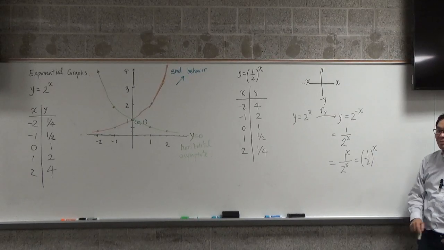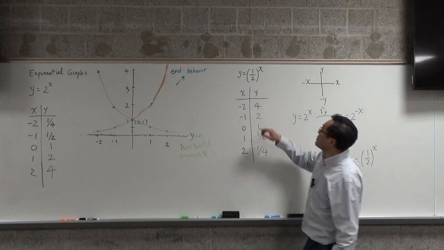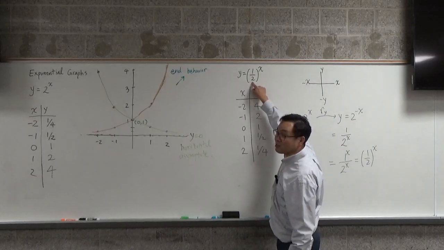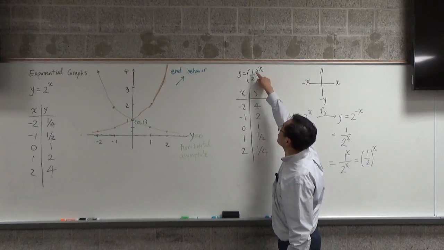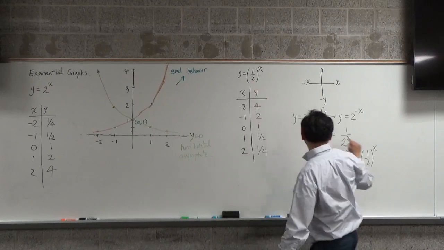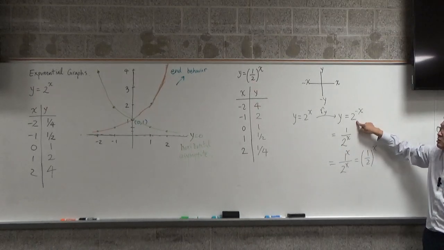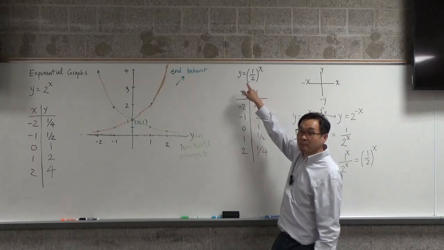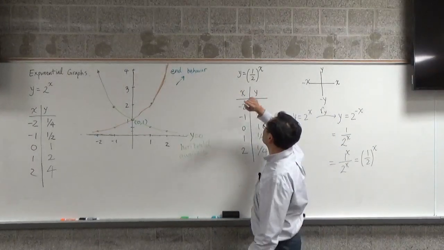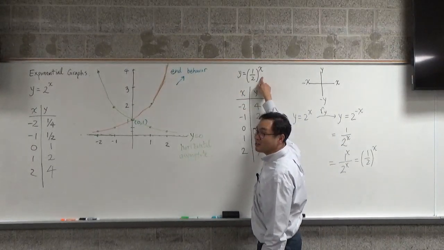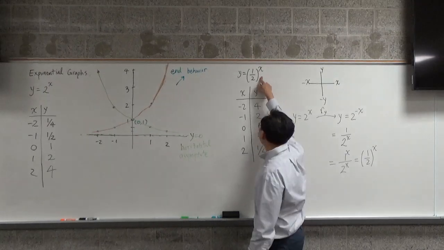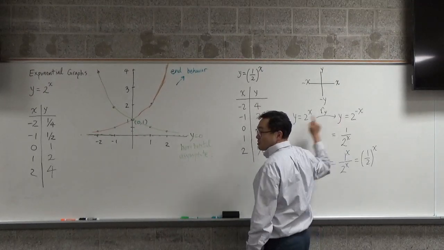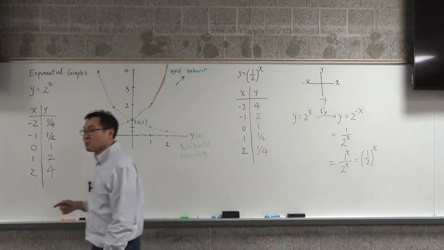No wonder. So that's why, see, if you took this and simplified, this is same as just 1 over 2 to the x, which is same as 2 to the negative x. These are really the same thing. Except that if you see it this way, it's hard to tell that it's a reflection over y, whereas if you write it this way, it's obvious that it should be the reflection over the y.